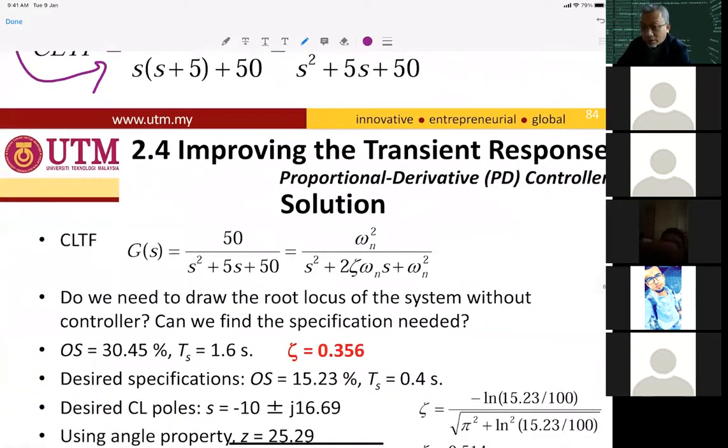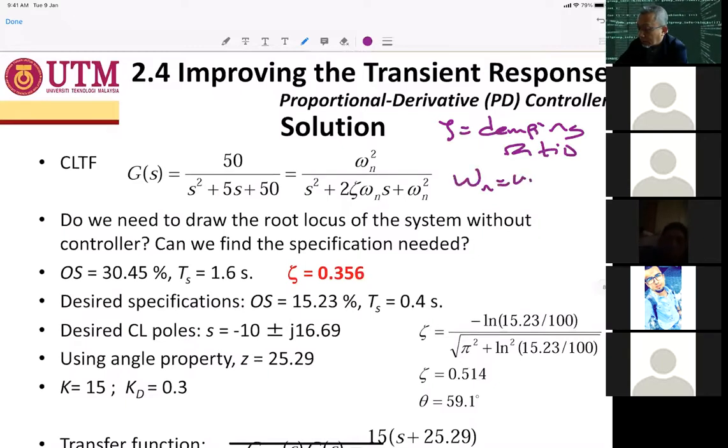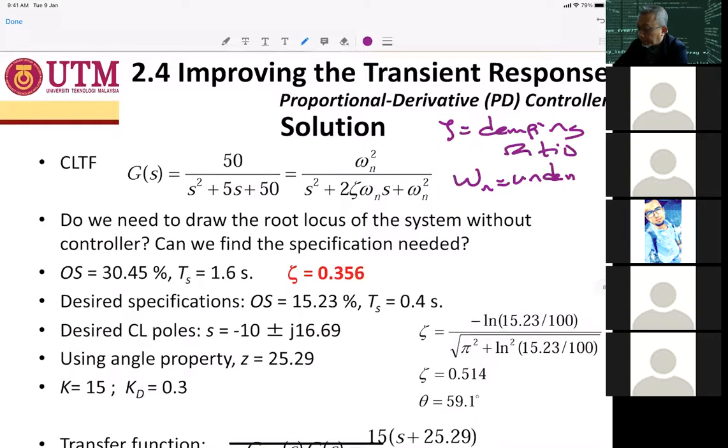Then you compare with the standard second order equation, which is given here: omega n squared over s squared plus 2 zeta omega n s plus omega n squared, where zeta is the damping ratio and omega n is the undamped natural frequency. So you can see from here.